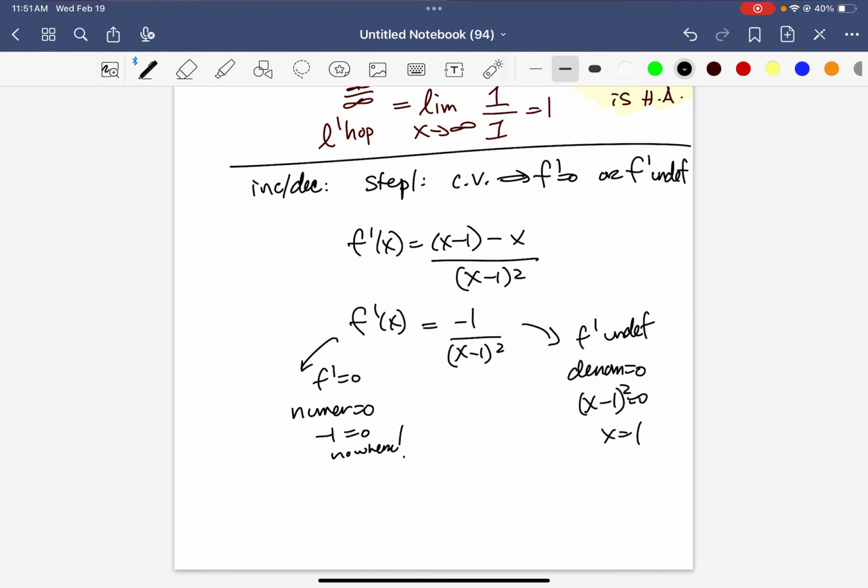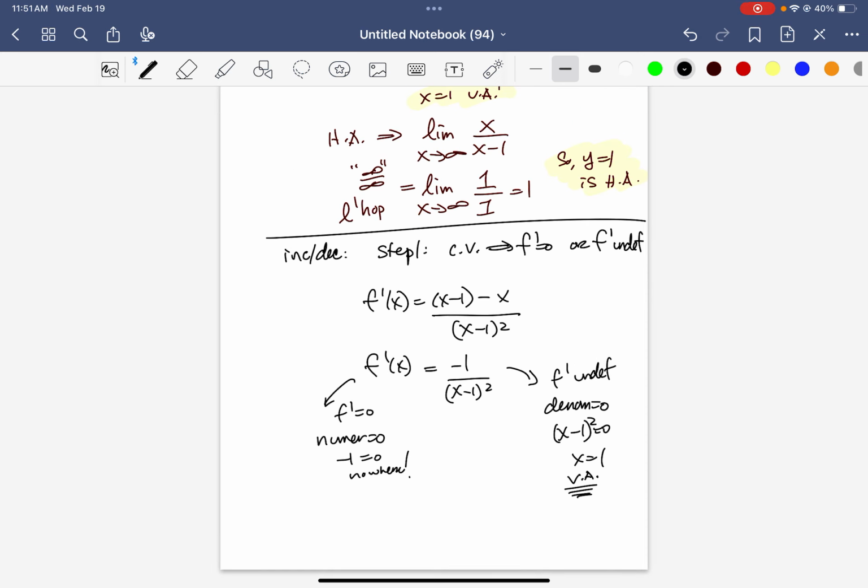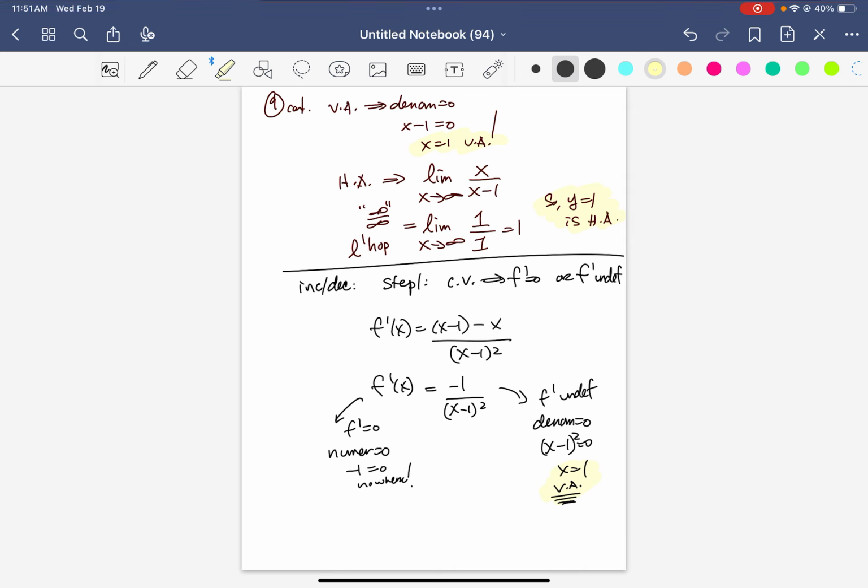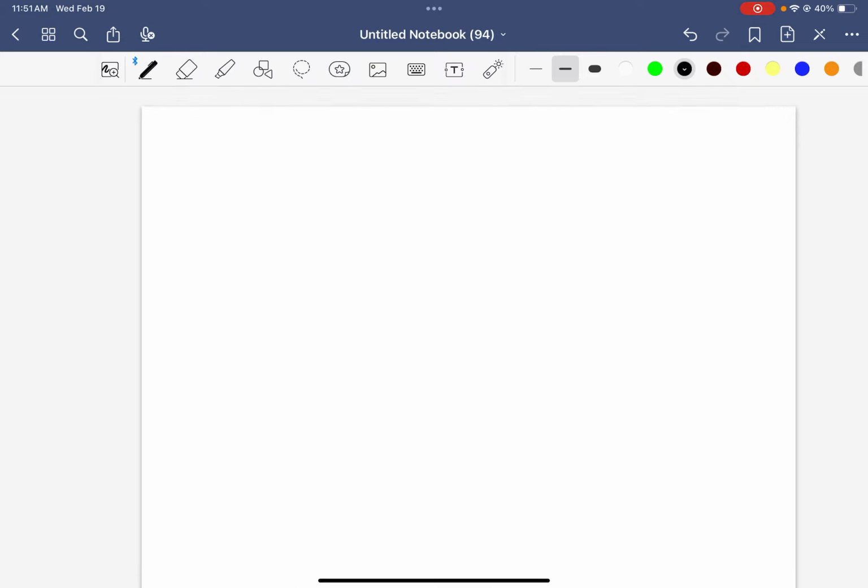And we know that this is a vertical asymptote. So it's still going to be used to partition our number line, but we just have to remember it can't be a min or a max. So this thing is not going to have a local min or max anywhere. It's just going to have a vertical asymptote.